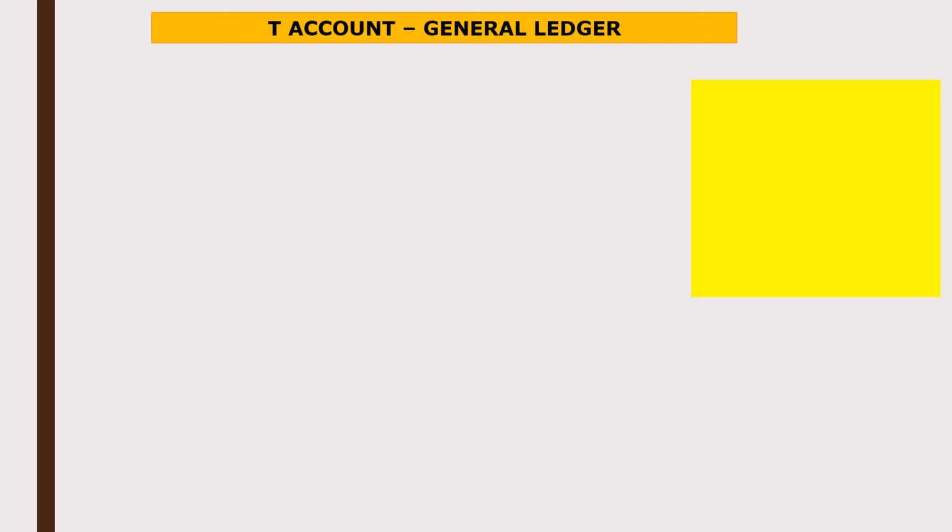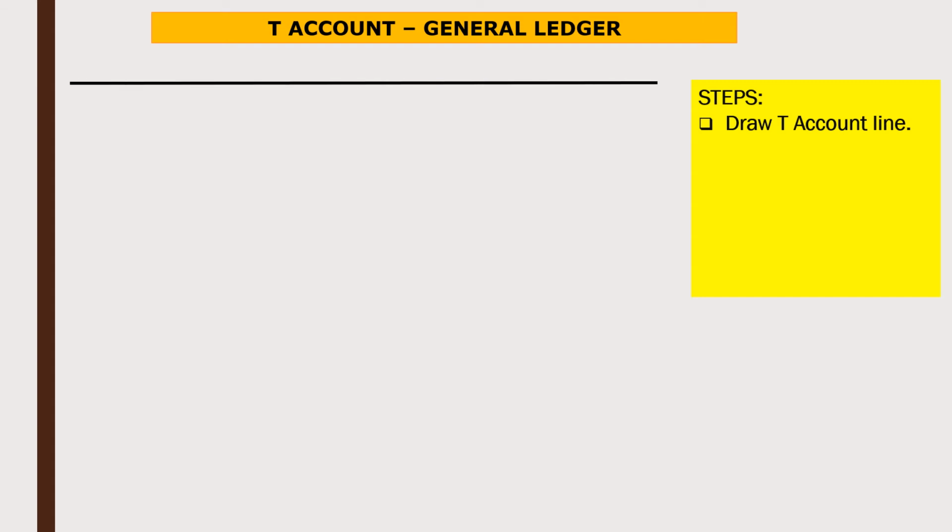Steps in preparing T accounts for sales. The first step is to draw the T account lines and then write down the account title, that is sales.